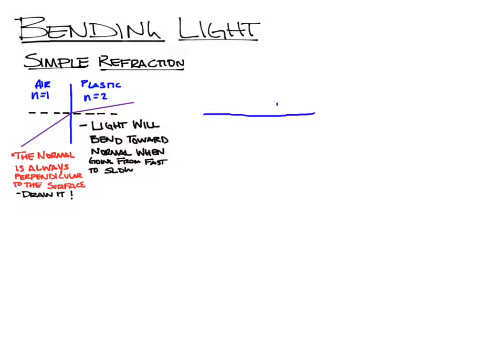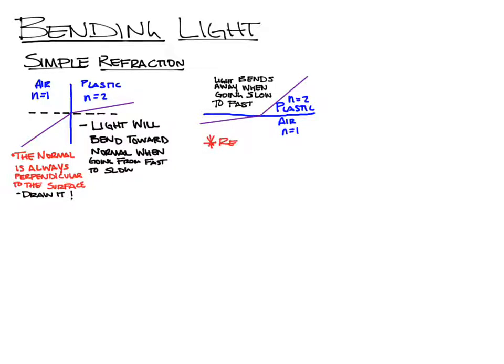Okay. So, here let's say we go from plastic, where n equals 2, into air, where n equals 1. When that happens, we bend away from the medium. With respect to the normal, light bends away from the normal this time. So when we go from slow to fast, light bends away from our normal.